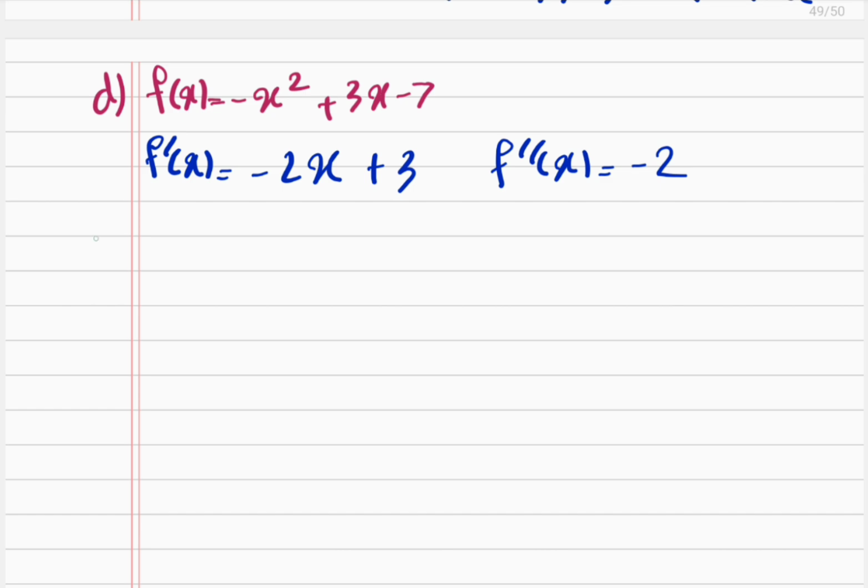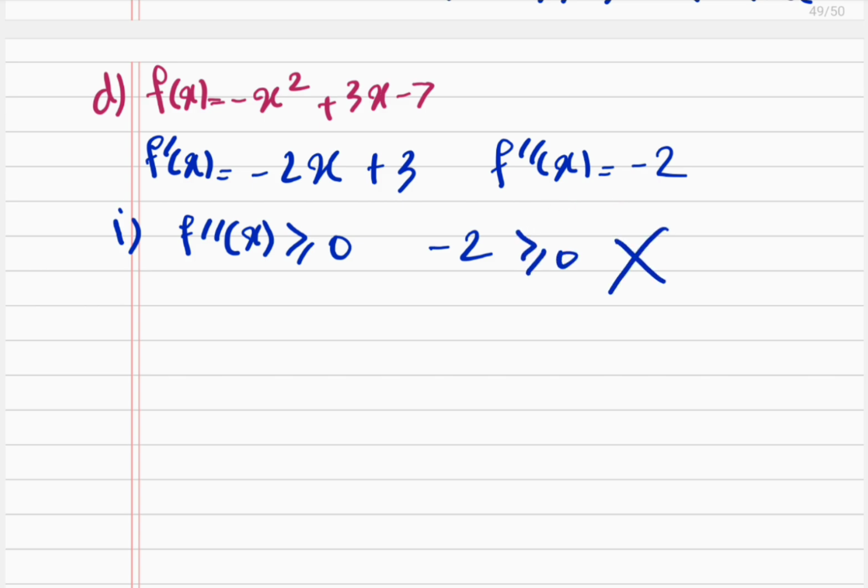For the first part, again, we want to find the values of x for which the function is convex. And we said that the function is convex when f''(x) is greater than or equal to 0. Now here there is a big problem, because minus 2, which is f''(x), is not greater than or equal to 0, right? This is not true.